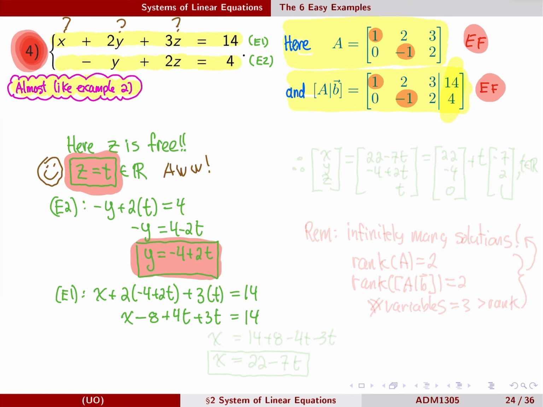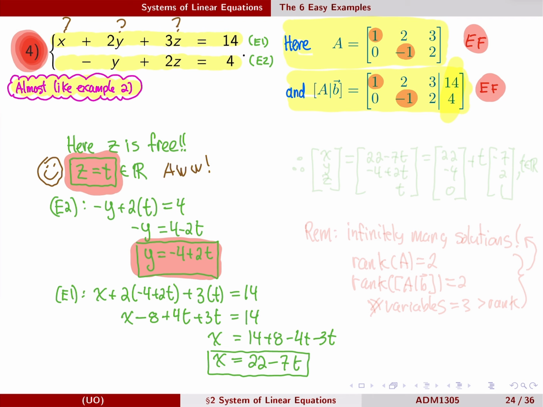So now I'm going to simply bring everything on the right side. So we have x is equal to 14 plus 8 minus 4t minus 3t. And when you clean everything here, 14 plus 8, that's a nice 22. And minus 4t minus 3t, that's minus 7t.